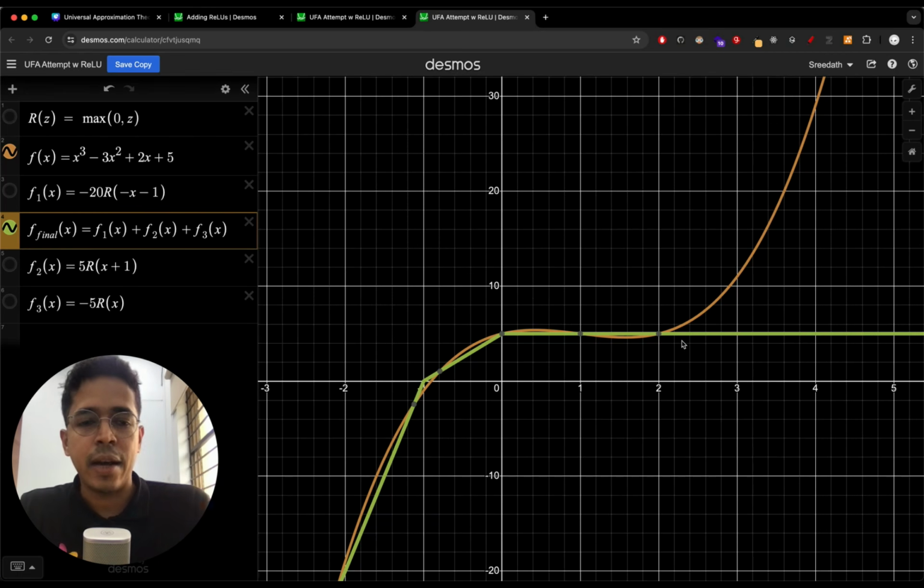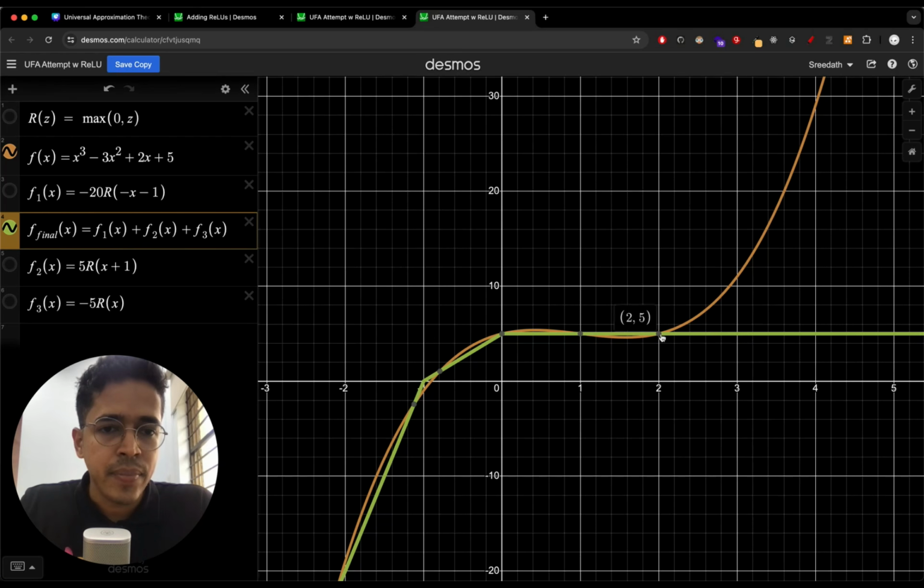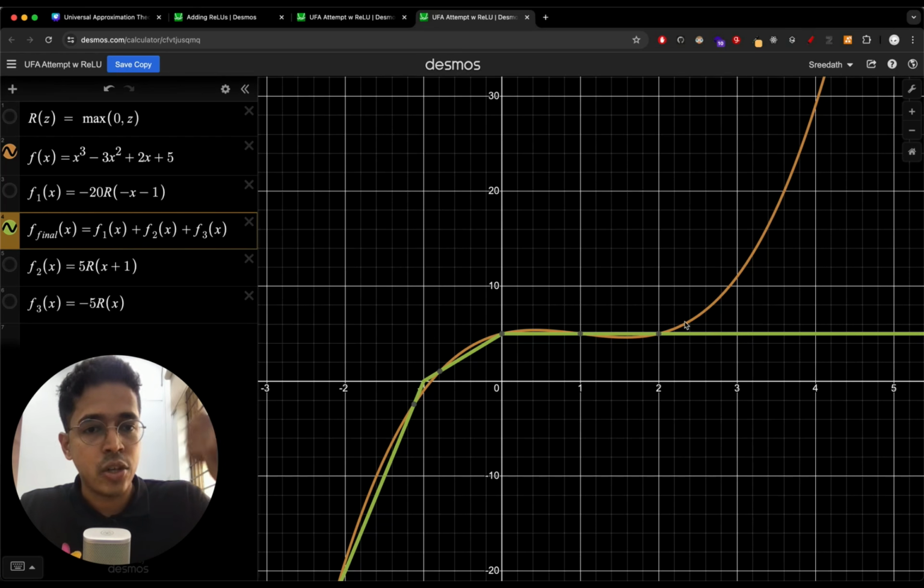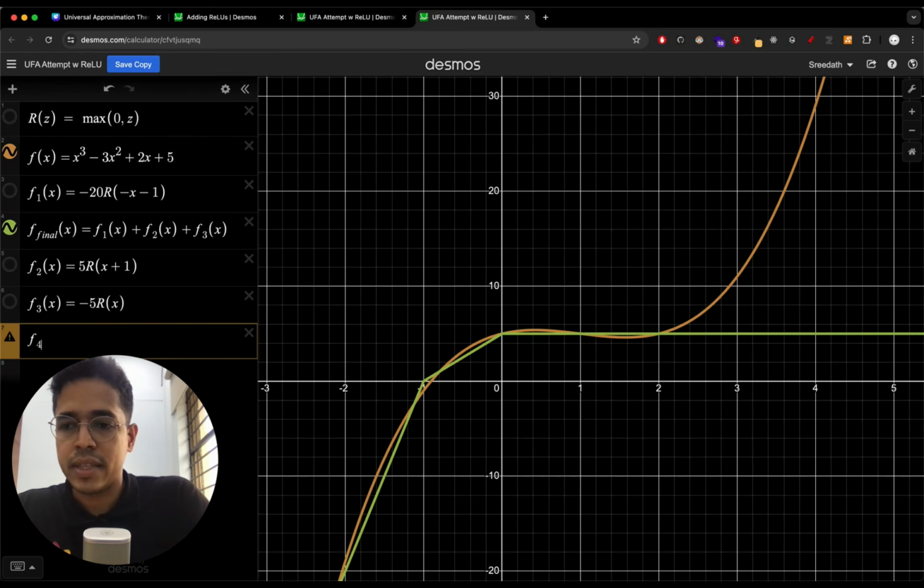Okay, now what should happen to this green line? The green line has slope 0 right now. From the point of x equal to 2, it should transition from a slope of 0 to, how much is this? X is changing by 1 and y is changing by 5. So again, the slope should become 5. So what can I do? I will define a function f4 of x.